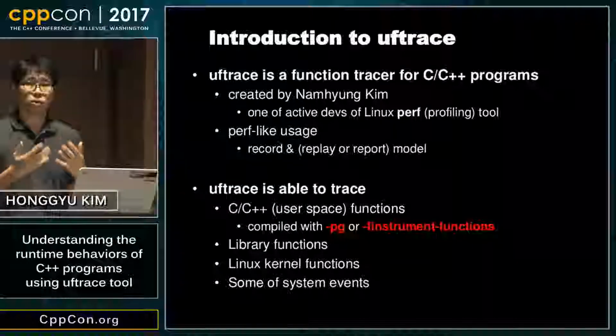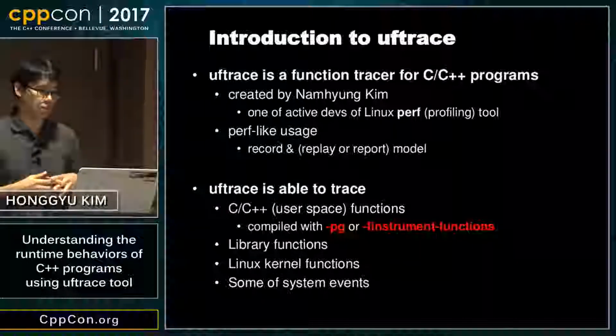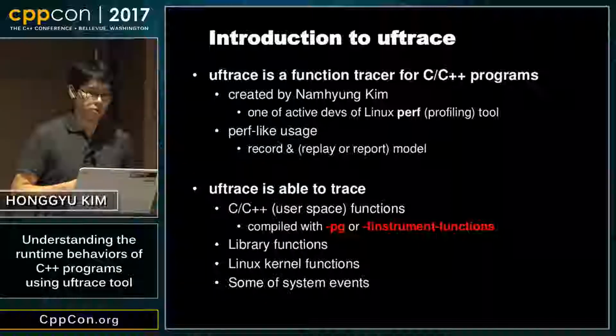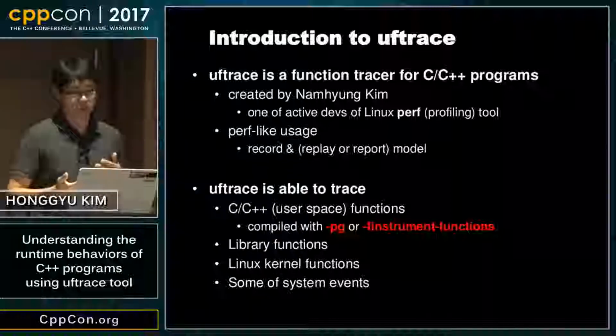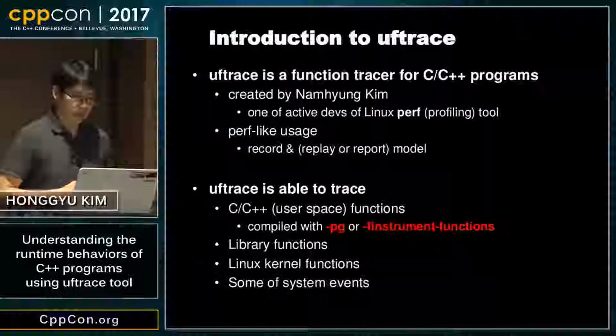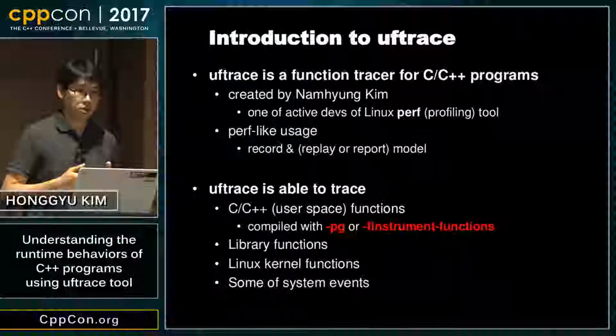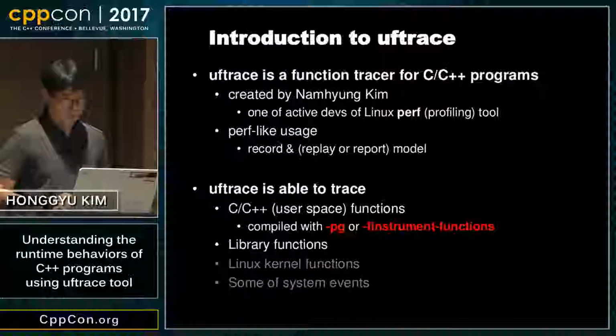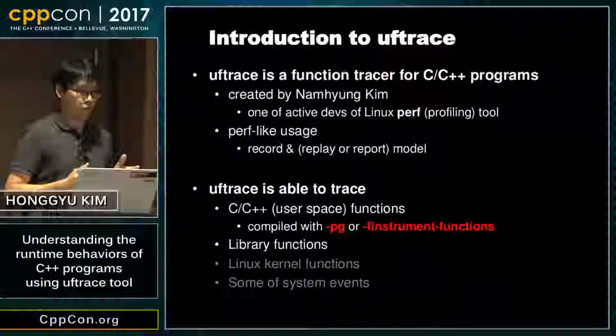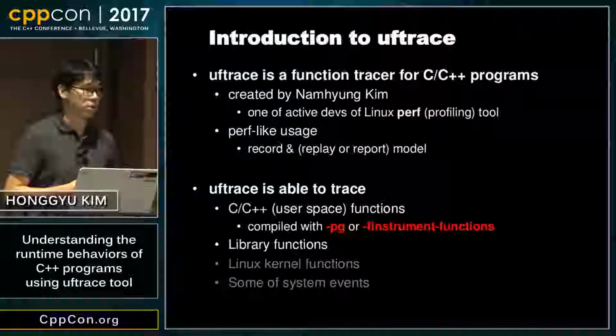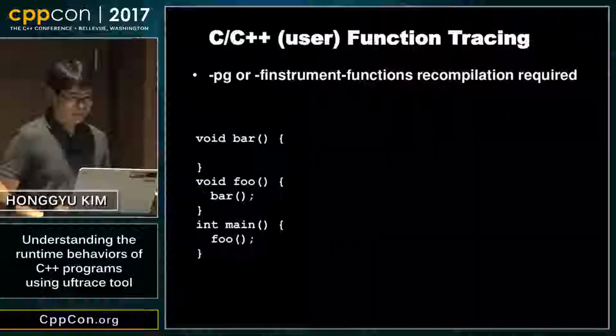At first you have to record all the function traces, and then you can analyze them using the replay command or report command. uftrace is able to trace C or C++ user space programs, library functions, Linux kernel functions, and some system events as well. But I'll be focusing just on user space programs and library functions.